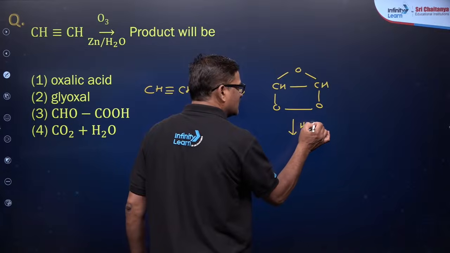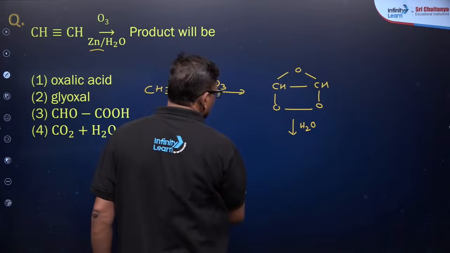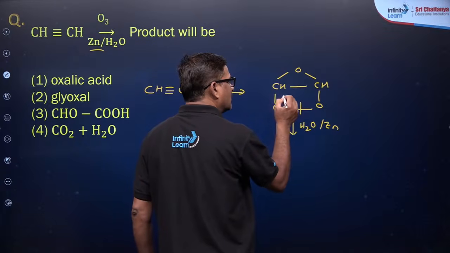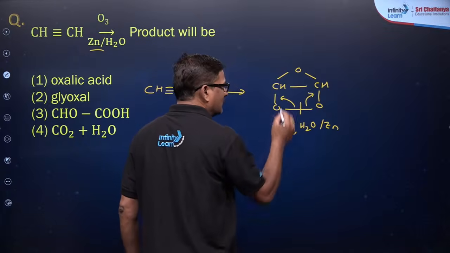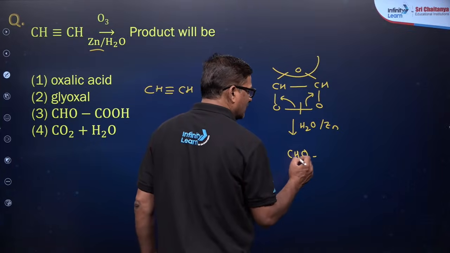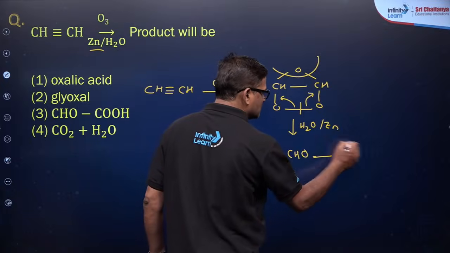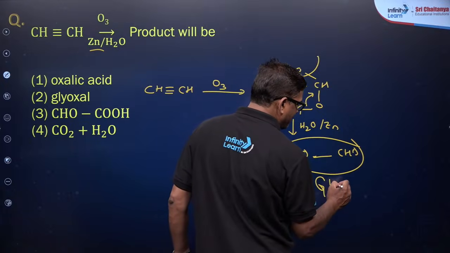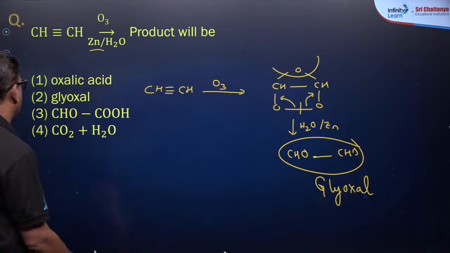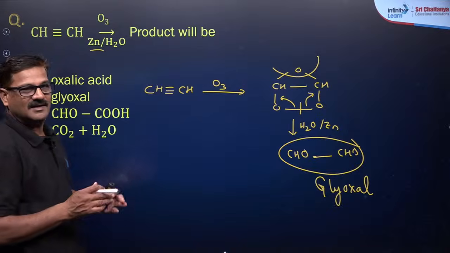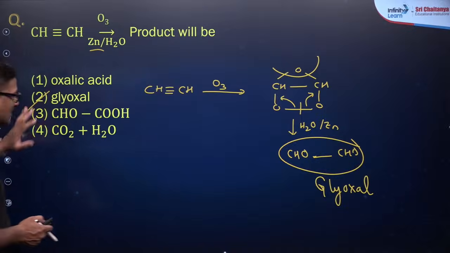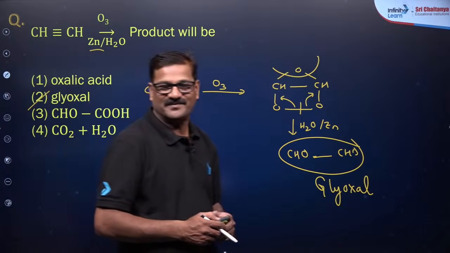On hydrolysis in the presence of zinc, reductive hydrolysis, this bond is removed so that you get CHO, and you will be having another CHO. This is called glyoxal. It is going to be glyoxal and ethane diol, right? The answer for this question is going to be option 2, bachcho.